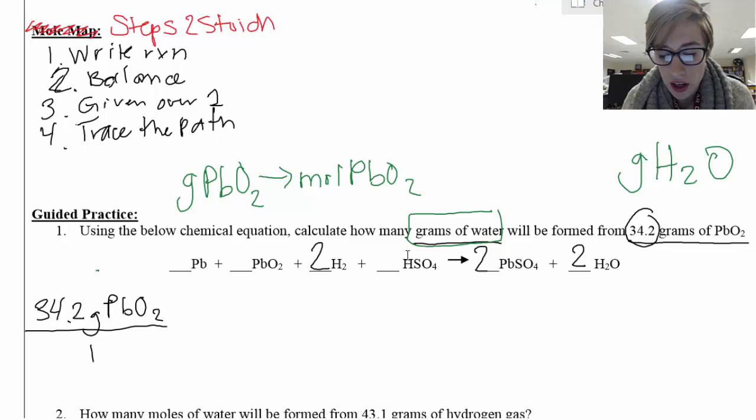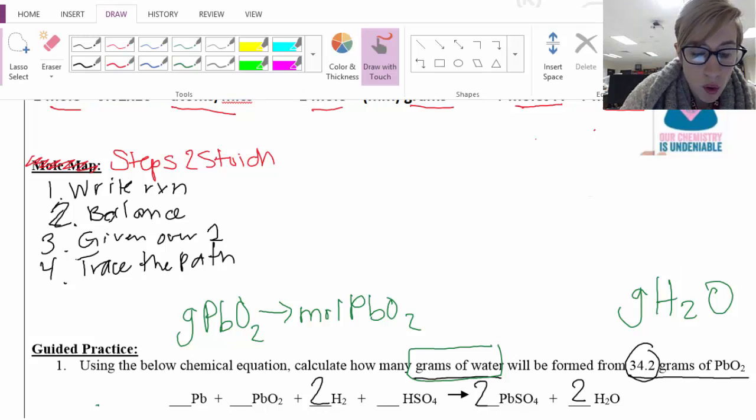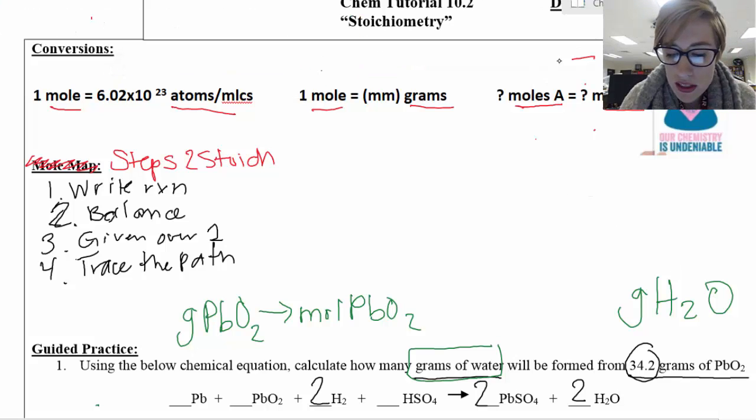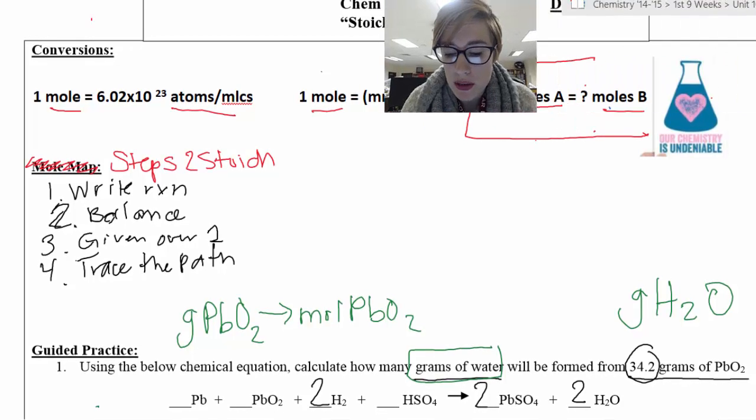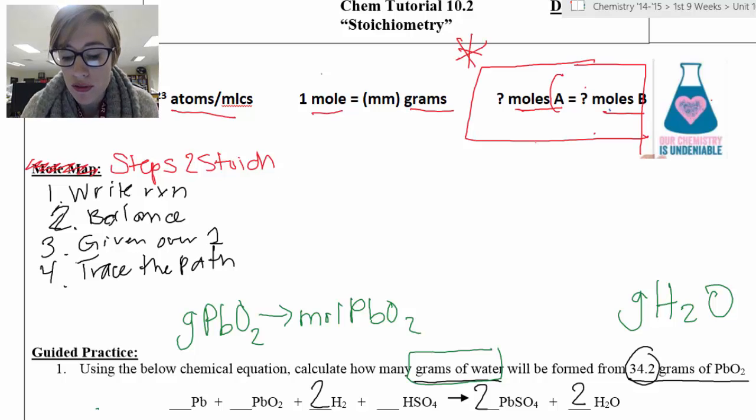Well, let's go look at our conversions. Whenever you're in moles of one substance and you want to go to moles of a different substance, you have to use this conversion factor, because it will take me from A, which in this particular problem is the substance we're given first, PbO2, to B, the substance we want to go to, which is water.